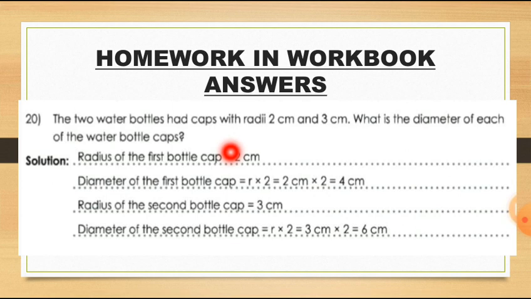So children, what is given here? Yes, the radius is given. Radius of two water bottles. The radius of the first water bottle cap is 2 centimeter. The radius of the second water bottle cap is 3 centimeter. Here we have to find out the diameter.